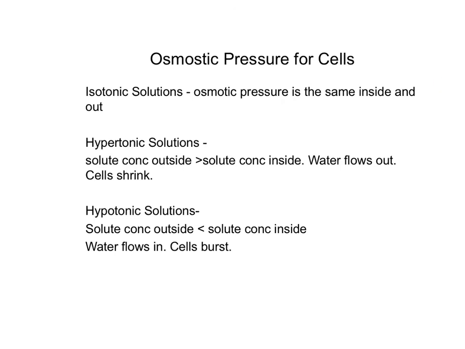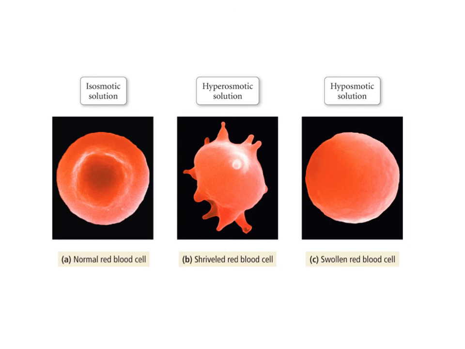It's a good example. Here are 3 pictures of red blood cells. The term is a little bit different, but they mean the same. Anyway, this is like isotonic, and this is what a normal red blood cell looks like.